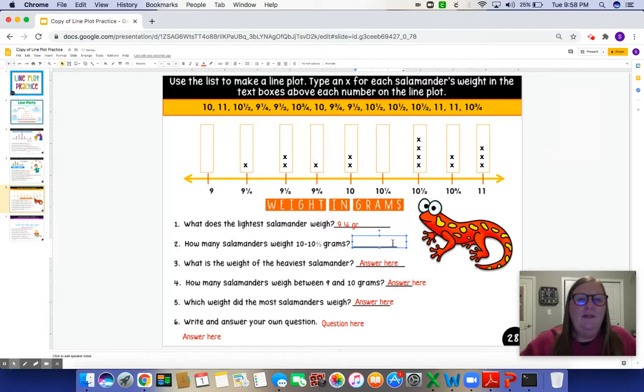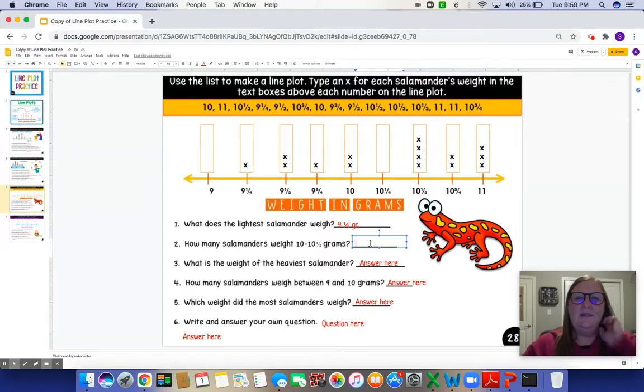All right, then how many salamanders weigh 10 to 10 1/2 grams? So we have to look at 10, 10 1/4, and 10 1/2 because those are all in between there. So we have 1, 2, none in this one, 3, 4, 5, 6.